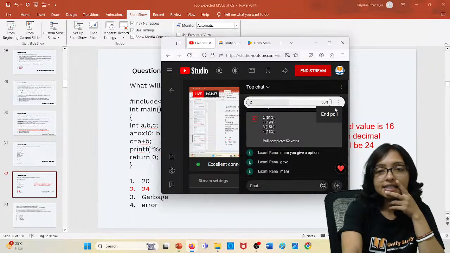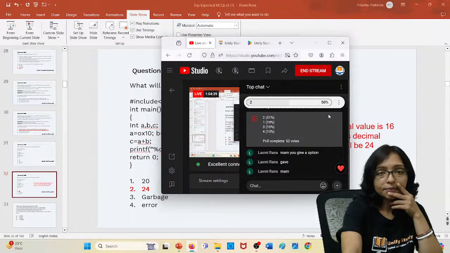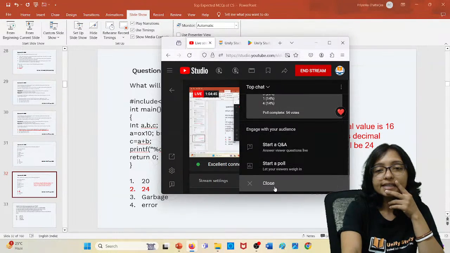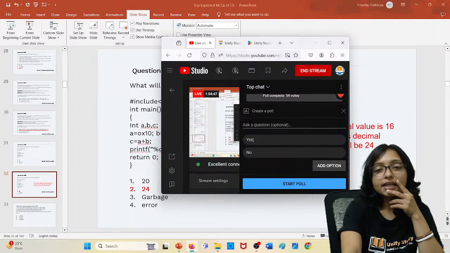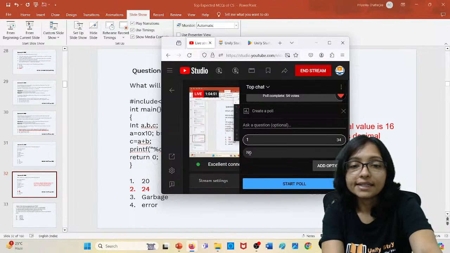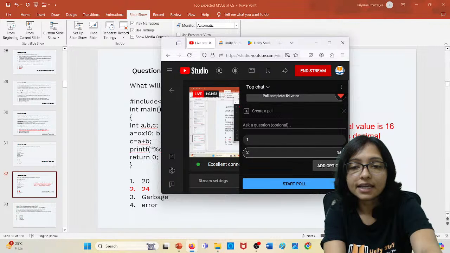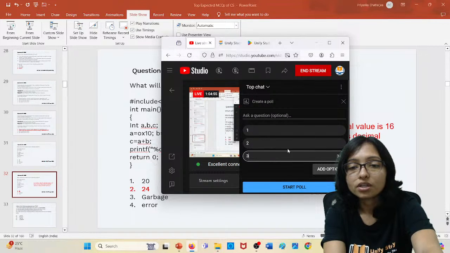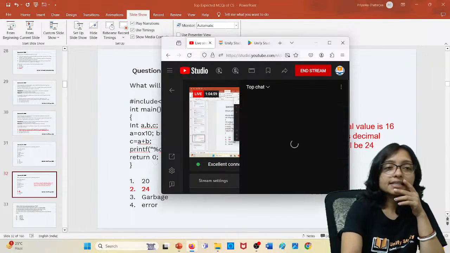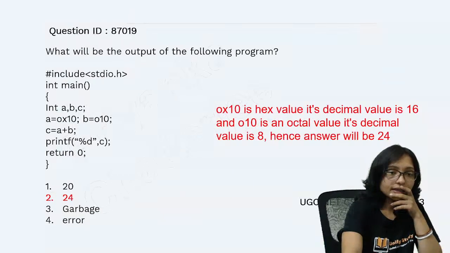One is the hexadecimal number, another is the octal number. When you convert the hexadecimal number, you will get 16. When you convert the octal number, you will get 8. So 16 plus 8 will be 24. That's why 24 is the answer. That is the thing going on here, nothing else.